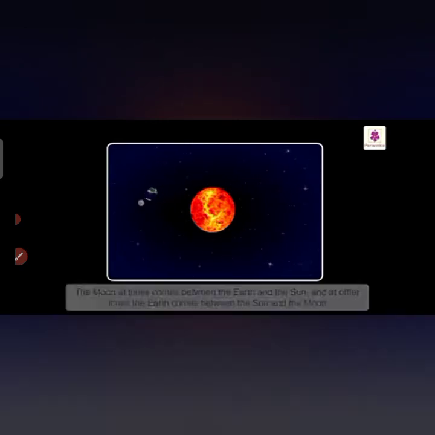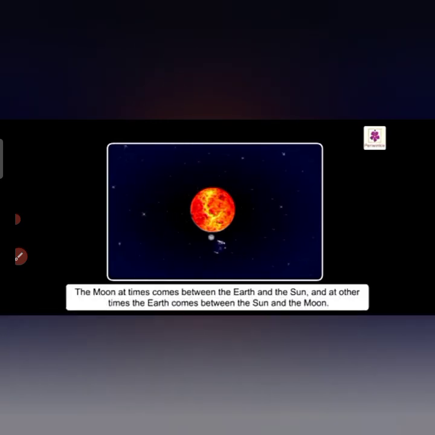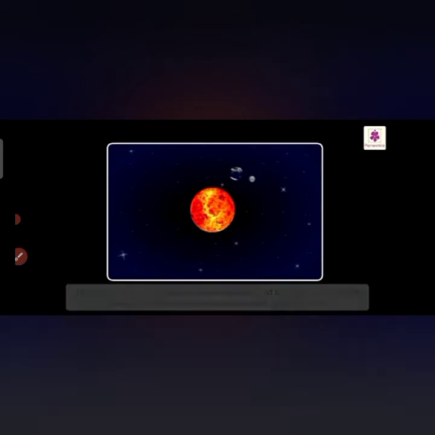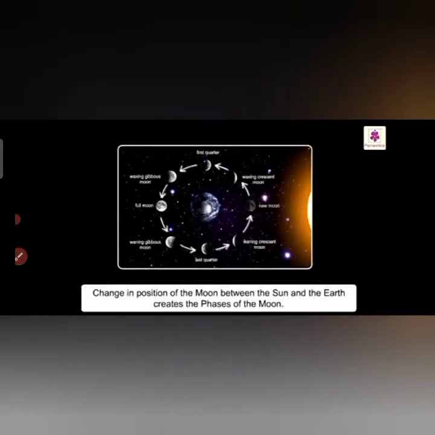As a result, the moon at times comes between the earth and the sun, while at other times, the earth comes between the sun and the moon. This change in position of the moon between the sun and the earth creates the phases of the moon.